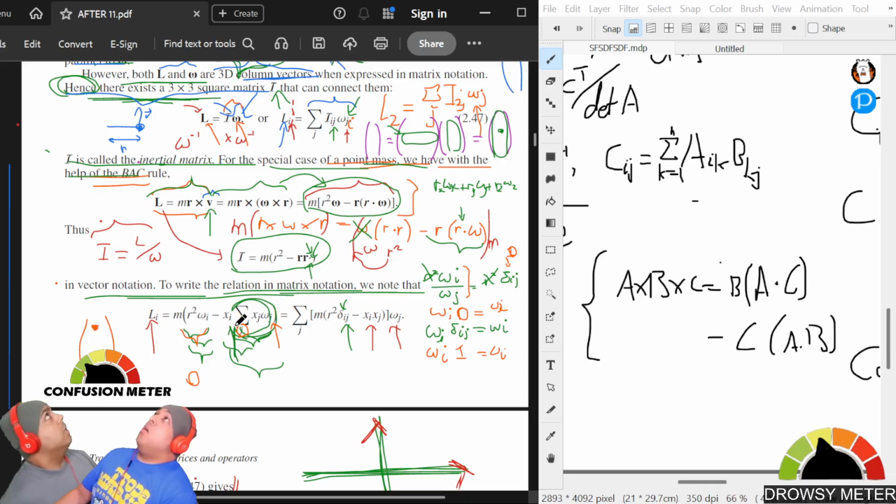Wait. There's a big difference here. They moved the summation from this one thing to the entire thing, so we're summing the entire thing over j. That changes a lot, actually.